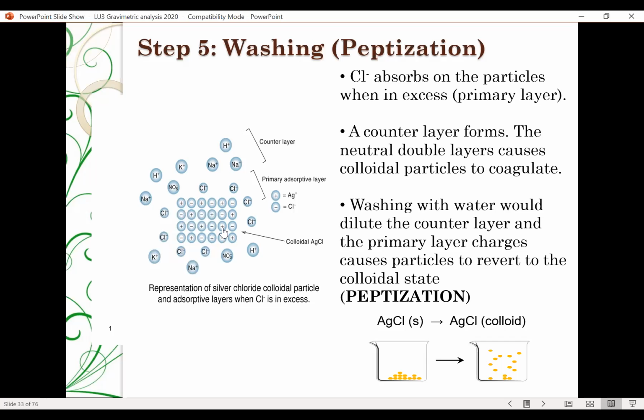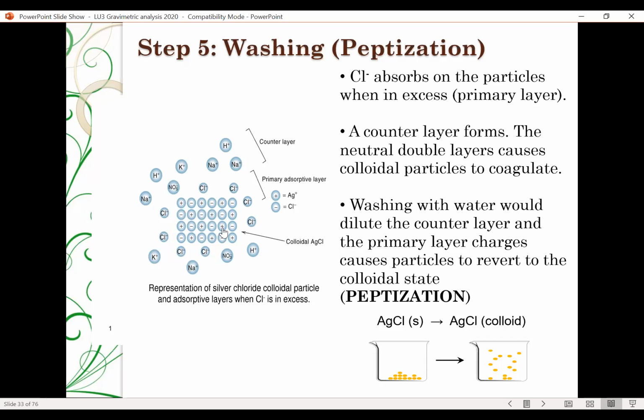Remember, earlier we mentioned that, let's say we have silver nitrate and we have sodium chloride as the precipitating agent.